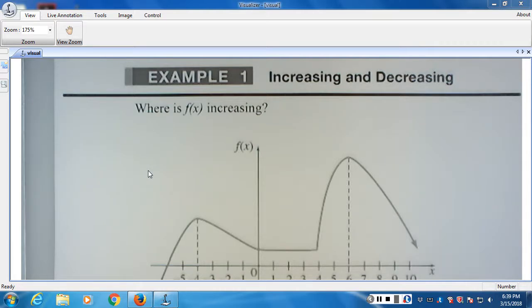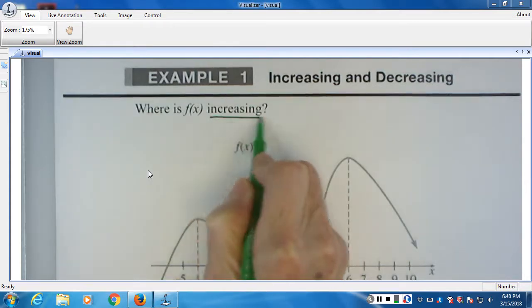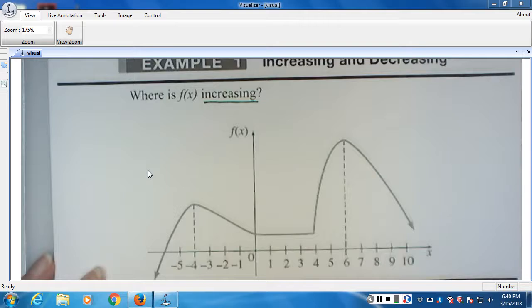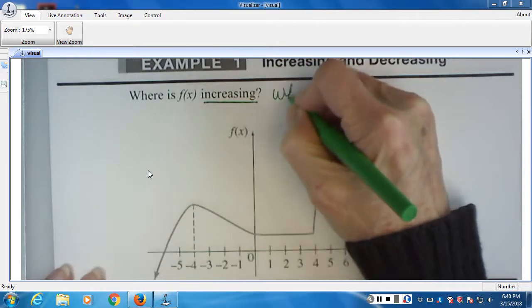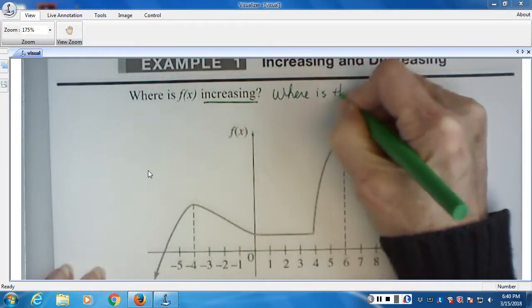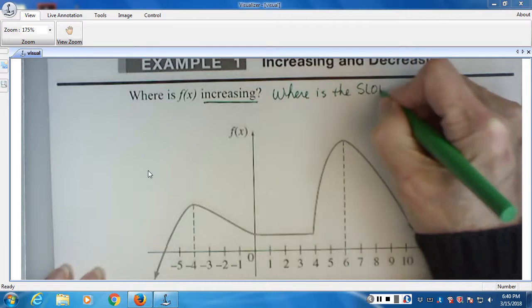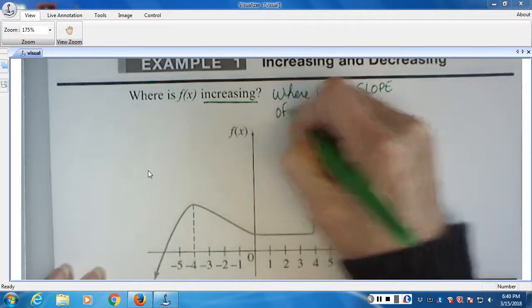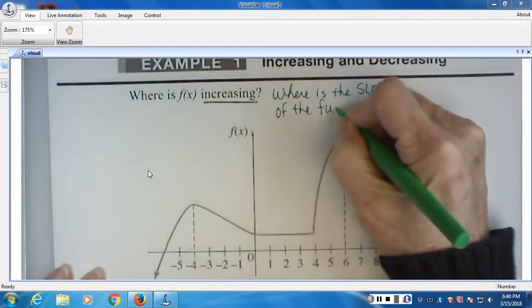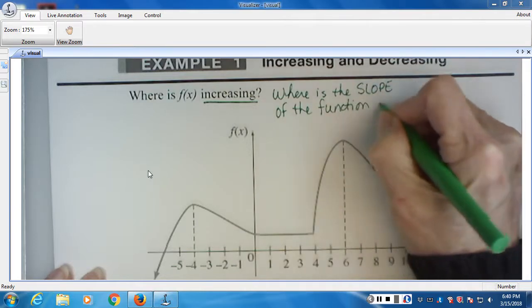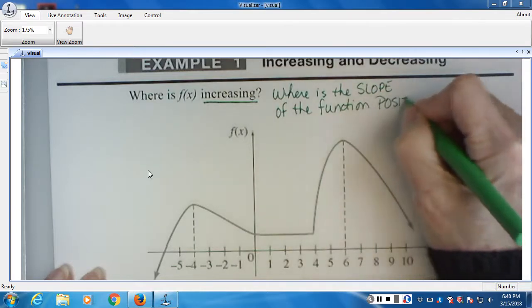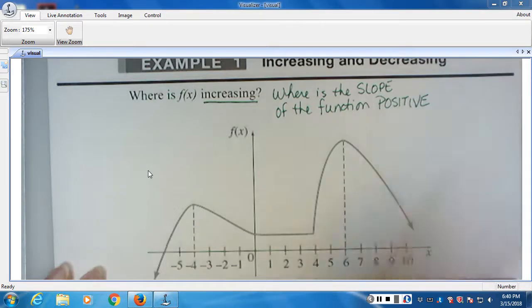This one says, where is the function increasing? Where is the function going up? Now that means the same thing as where is the slope of the function positive?